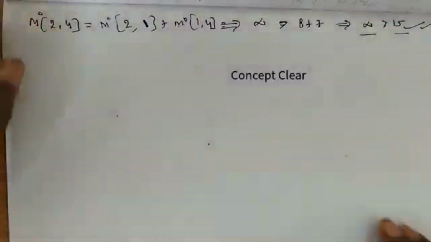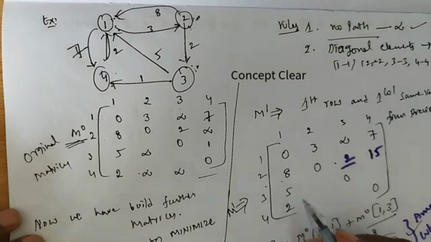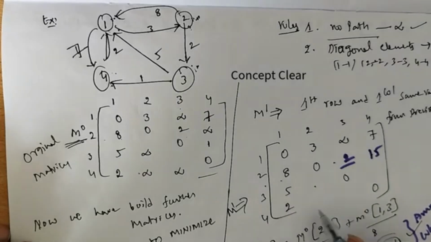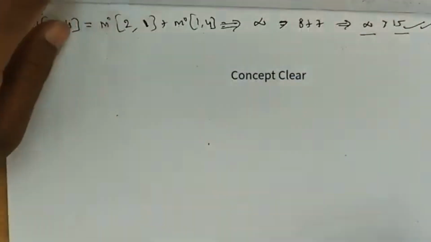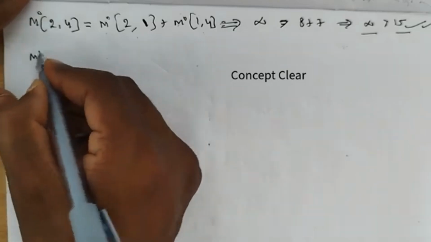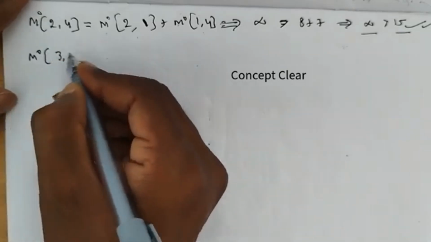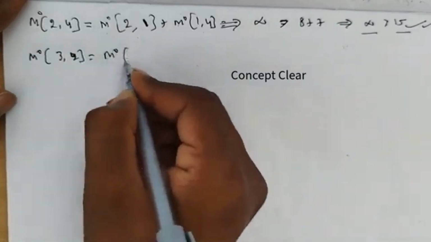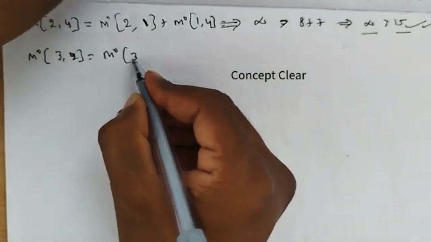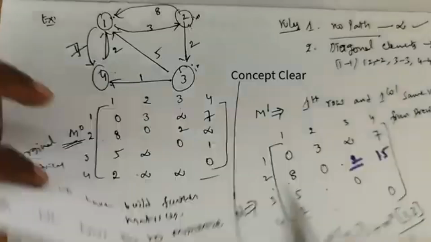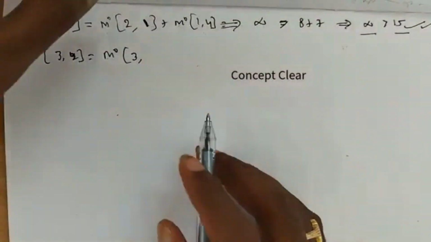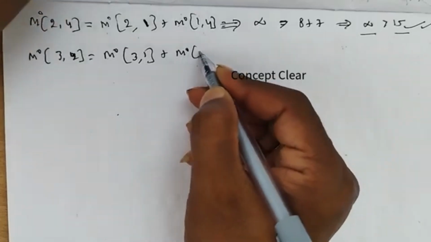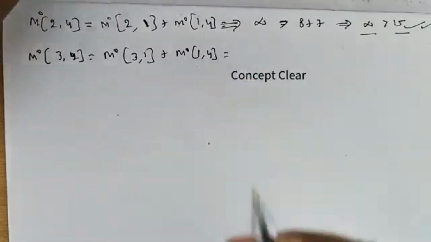Okay, and in the same way we have to find out m of 3 comma 2, 3 comma 4, and 4 comma 2 and 4 comma 3. See here, I'm doing m naught of 3 comma 2. How to calculate? 3 comma 2 means 3 to 1 plus m of 1 to 4.